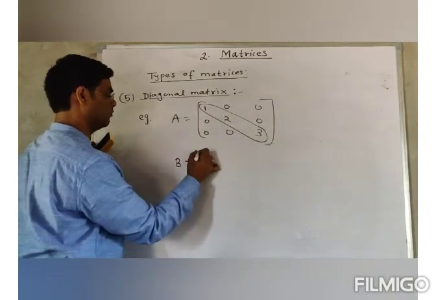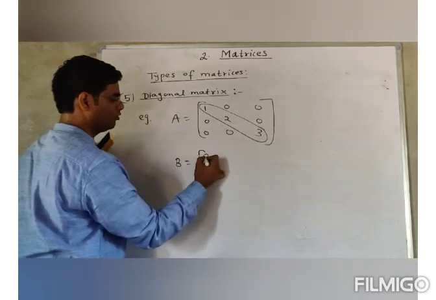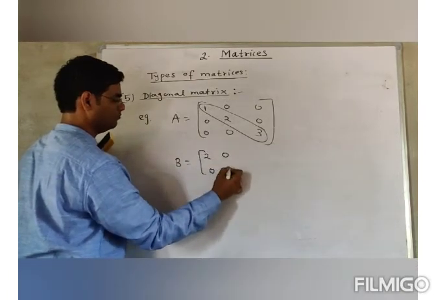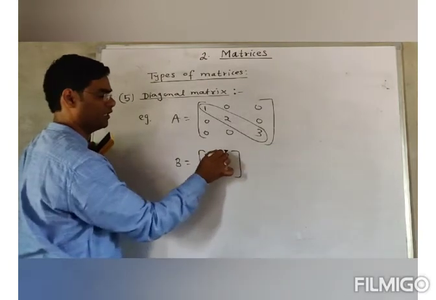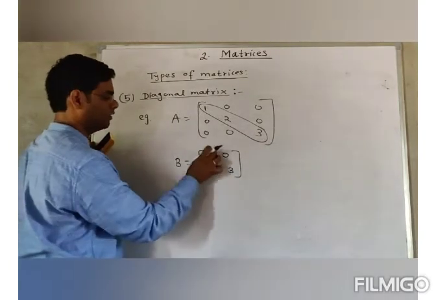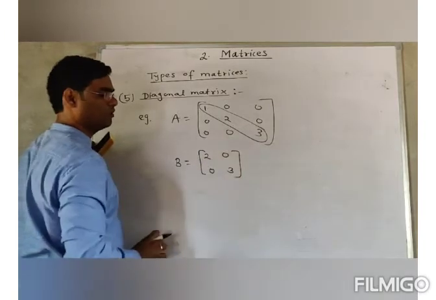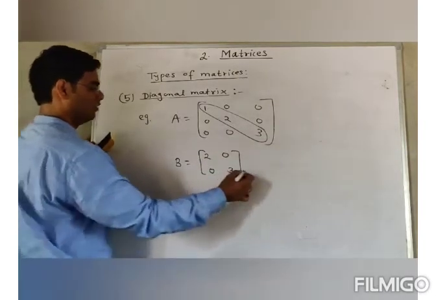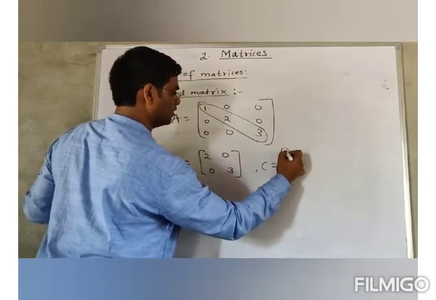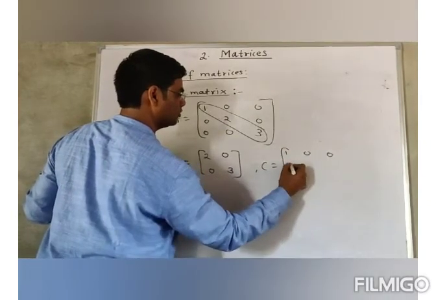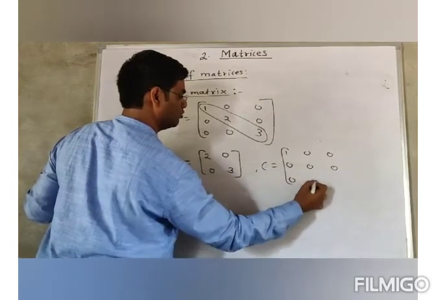Let us take an example of a matrix of 2 by 2. This is also a diagonal matrix because all the non-diagonal elements are 0 and the diagonal elements are not simultaneously all 0. Let us take another example of a matrix C of order 3 by 3: 1, 0, 0, 0, 0, 0, 0, 0, 0.